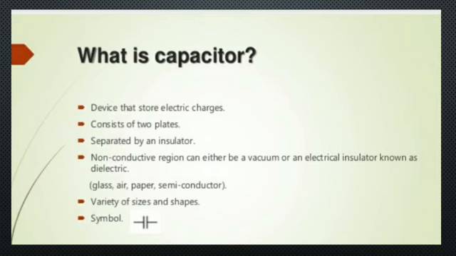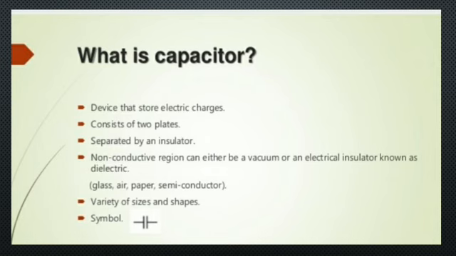And capacitors come in a variety of sizes and shapes.